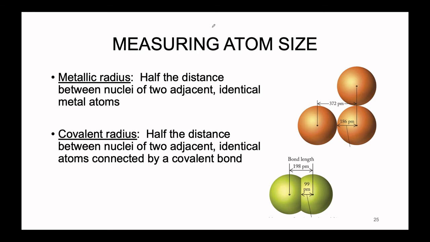Before defining the periodic trend, as we've already hinted at, we have to talk about how we actually measure atomic size. Well, the first way that we can measure atomic size is known as the metallic radius. The metallic radius is mathematically equal to half the distance between the nuclei of two adjacent identical metal atoms. So let's say we are looking at something like copper, Cu.